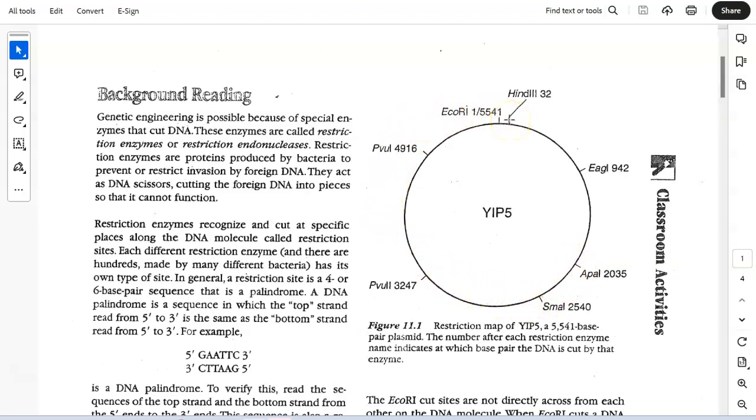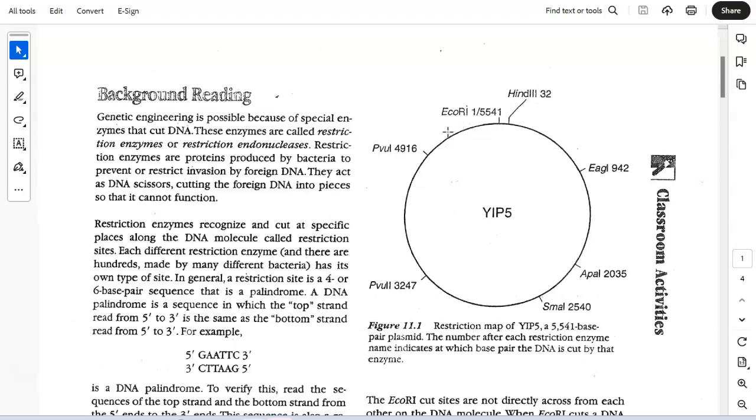Again, you can work that out using math. Then number 12 asks you to cut it with 3 different restriction enzymes, which would give you 3 pieces of varying lengths. You can probably work that out for yourself and do the math to work out the length of the various pieces you would have once you've made those digestions.